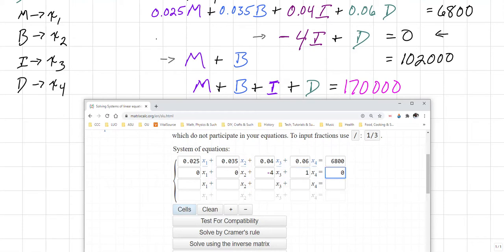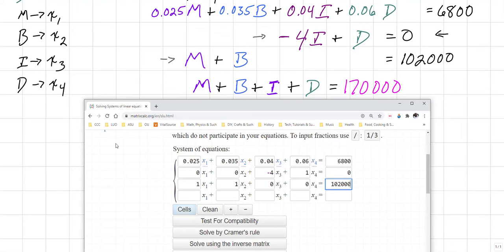Then we'll move to the third equation, and we note that we have M and B, which will be x sub 1 and x sub 2, but no I or D, so therefore no x sub 3 or x sub 4. M has a coefficient of 1, likewise B has a coefficient of 1, and since x sub 3 and x sub 4, i.e. I and D, will not be part of this equation, we'll put zeros, and this will be equal to 102,000.